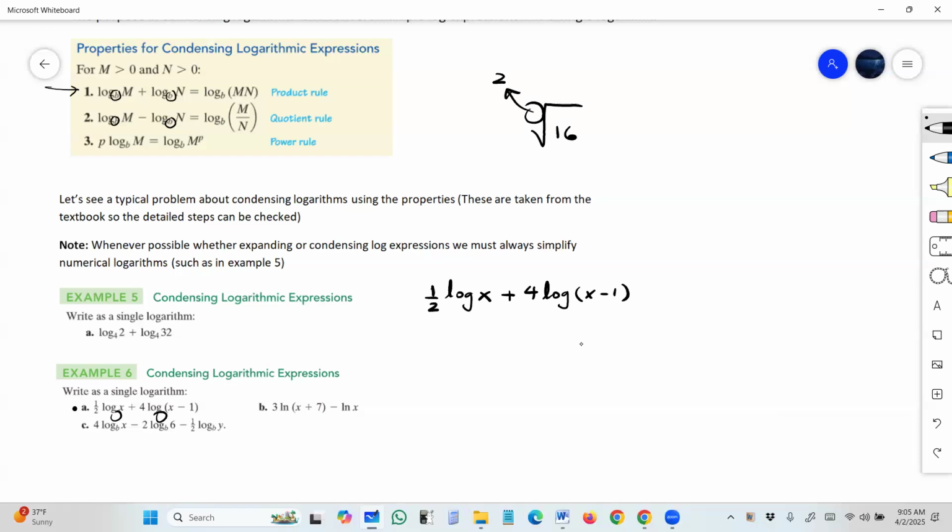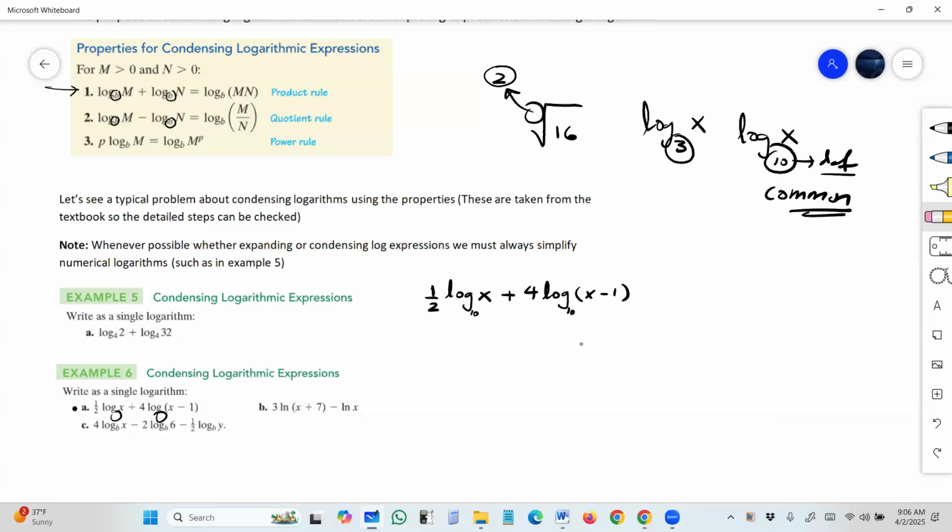Because by default, if I don't see the index on the square root, the number is 2. Similarly, on a log expression, if I don't see the number, it means that by default, the number is 10. So this is called a common log, base 10. Invisibly, you see the number 10 right here. We just don't write it for base 10.